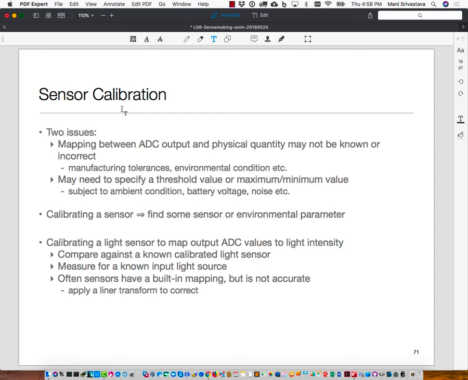The reason it becomes challenging is that this mapping often varies with environmental conditions, and it varies from sensor to sensor, not simply for sensors of different make or model number, but oftentimes for the same sensor, same model number, just because of manufacturing differences. So calibration refers to that mapping, and it's affected by manufacturing tolerances and environmental conditions.